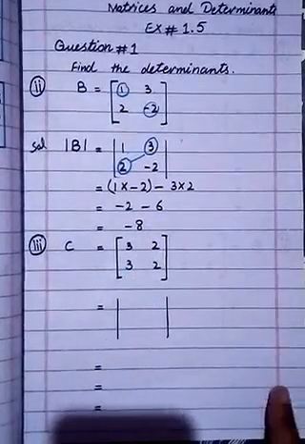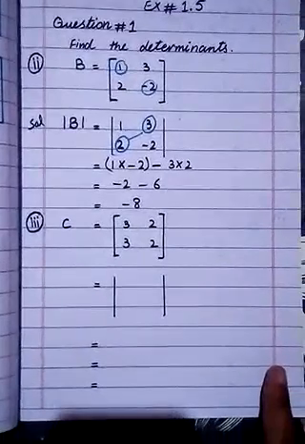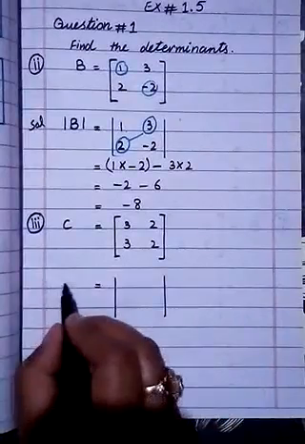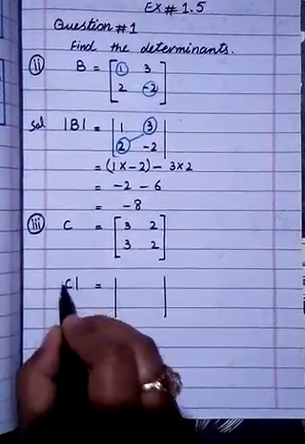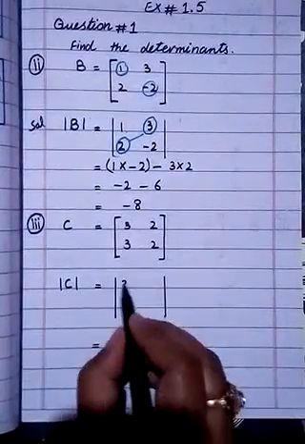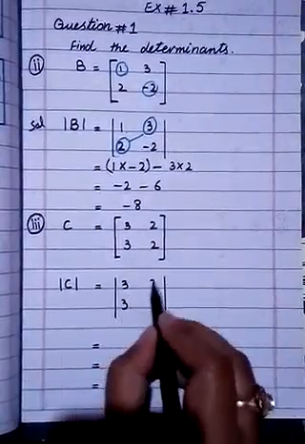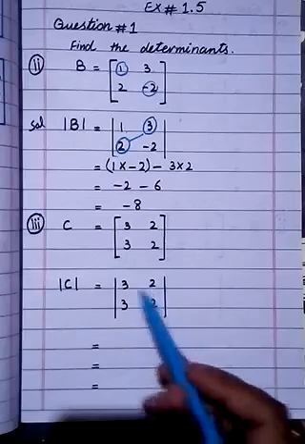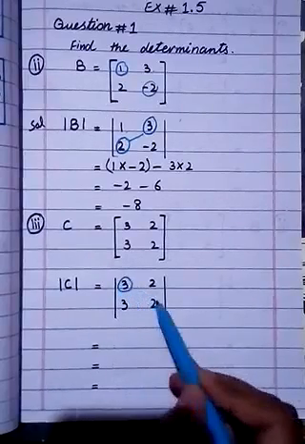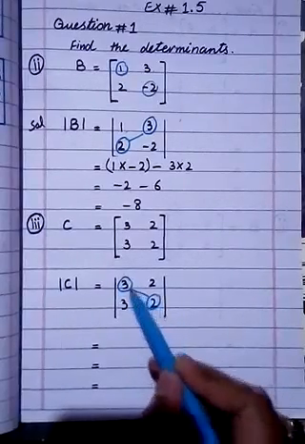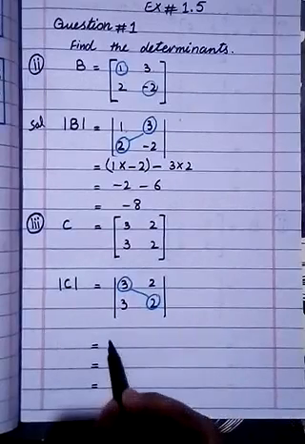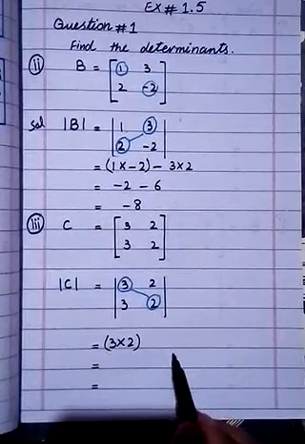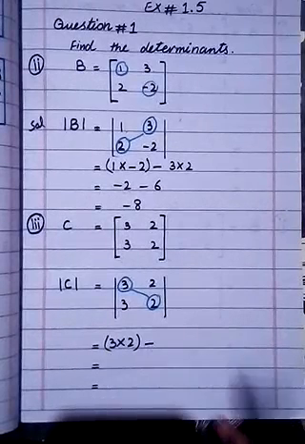Now, let's see the second part of this exercise. C is the matrix. First of all, you have to write it in mod form or determinant form: 3, 3, 2, 2 in mod. Now, the rule is the same. First entry multiplied by fourth entry: 3 multiplied by 2, and the sign of minus is used in a determinant.